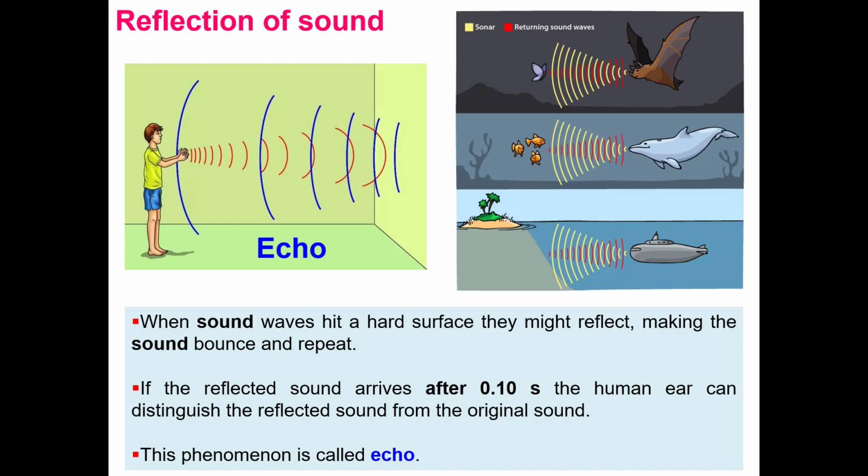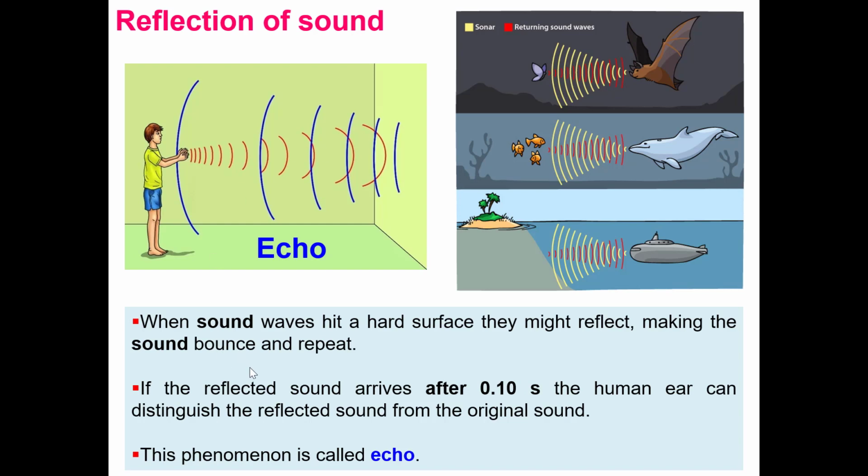Also, the reflection occurs in the case of sound. When the sound wave travels through the air and hits some surface, the sound will bounce off, yes, will be reflected.